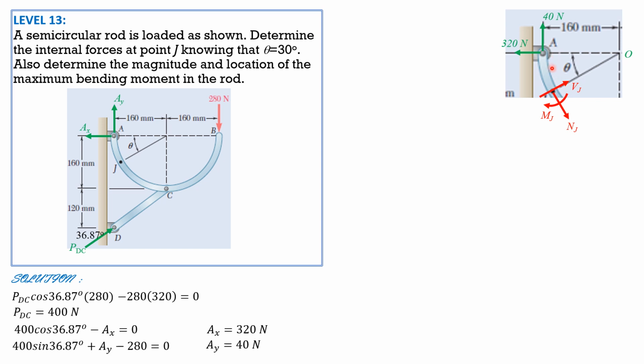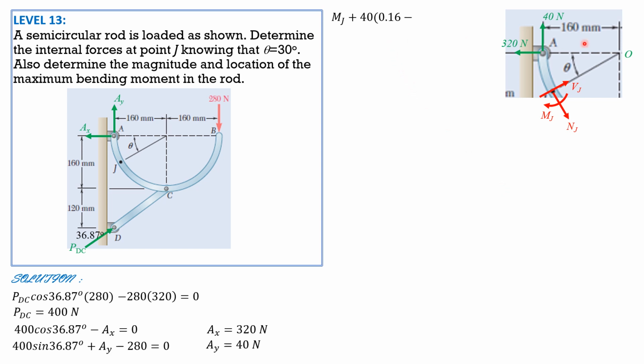So the moment arm of 40 about J is this distance here, which is radius 160. Then this is also radius, so 160 minus 160 cosine of theta. This horizontal distance from J to O is radius cosine theta.